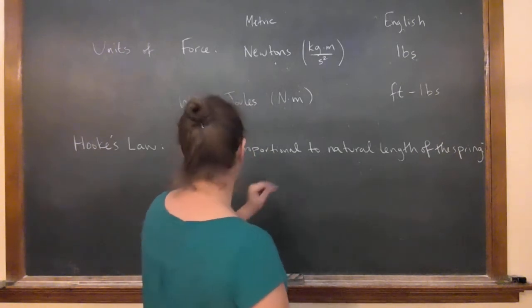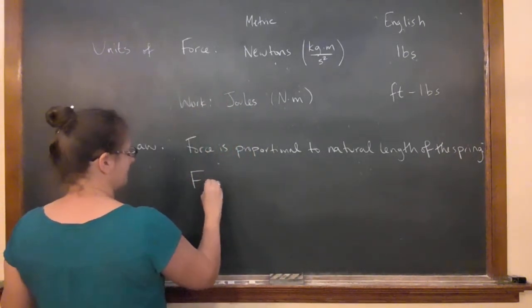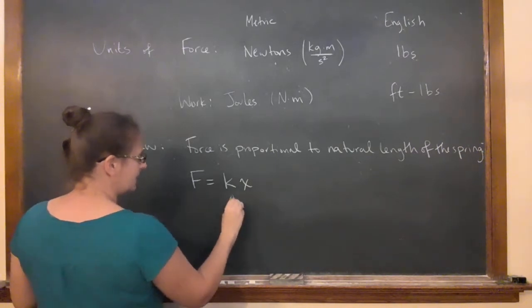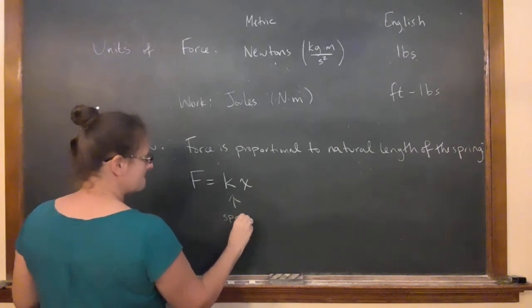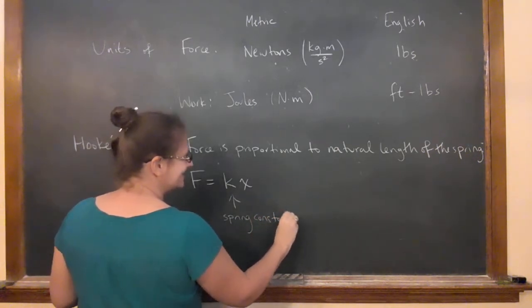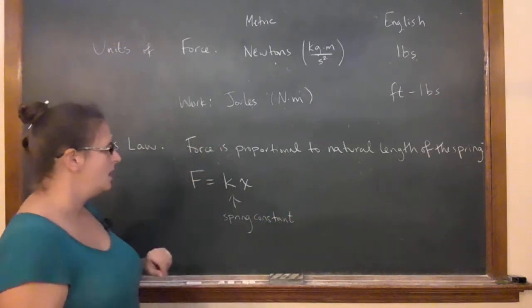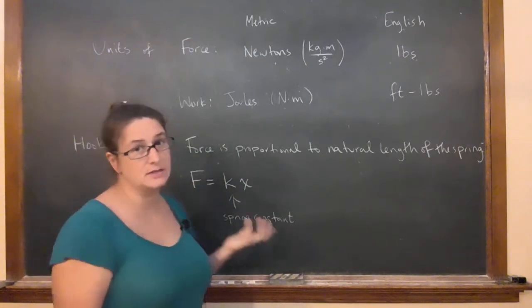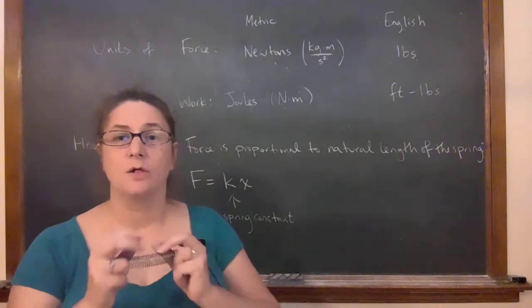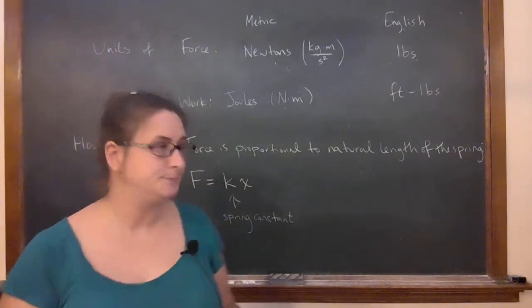When I write this down, I write F equals Kx. This K is the spring constant, also known as the stiffness constant. We often use K for stiffness, and basically the bigger K is, the harder it is to push the spring.